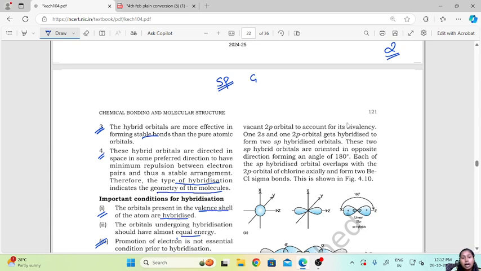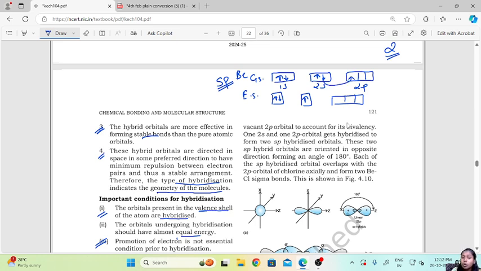So in the ground state, we have 1s and 2s, two electrons each. For beryllium, when it goes to the excited state, 1s will remain like that only, it won't get affected, but the electron in the 2s orbital will be shifted to a vacant 2p orbital.